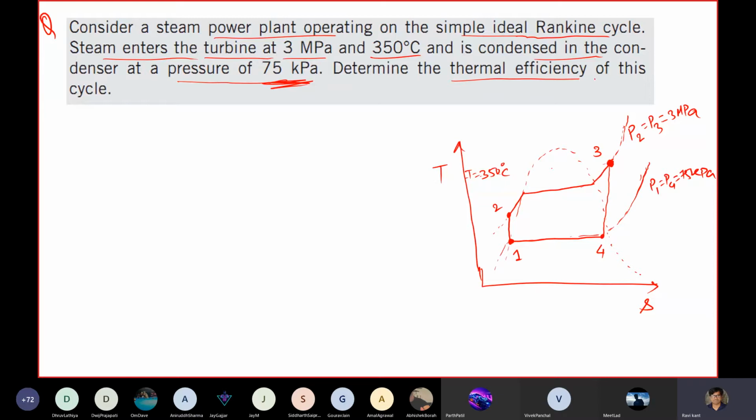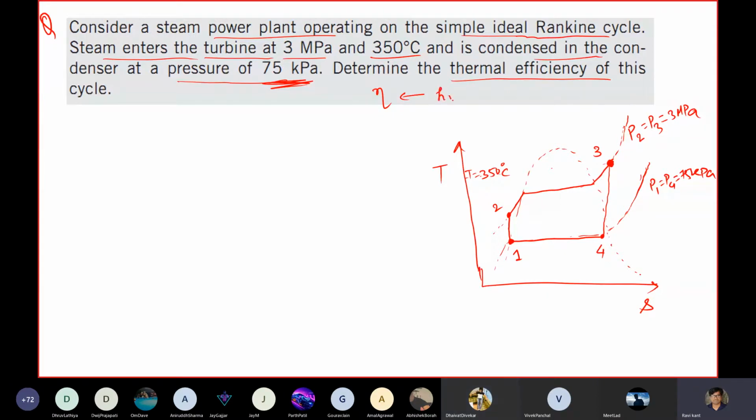Determine the thermal efficiency of this cycle. We need to deduce the eta for this particular cycle. For eta we need, so what are the other details we should have? Sir, we shall know the H values of different stages. Exactly. Thank you.